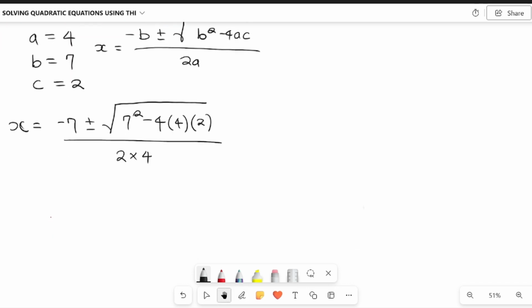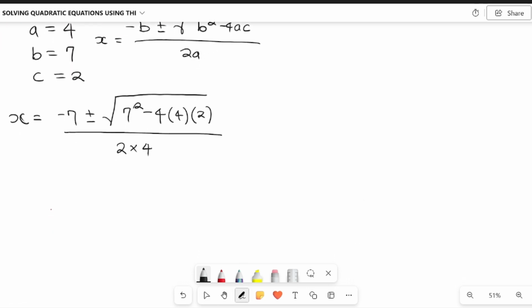Now working out what we have inside the square root, we'll have 7 squared minus 4 into 4 into 2. 7 squared is equal to 49, and 4 times 4 times 2 is equal to 32.